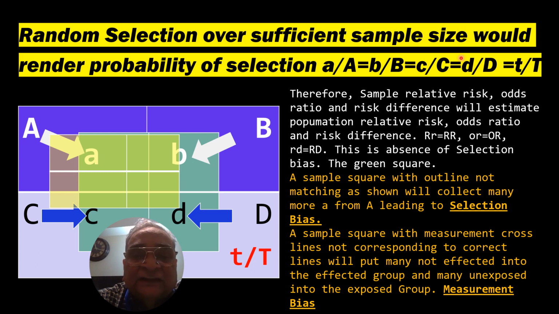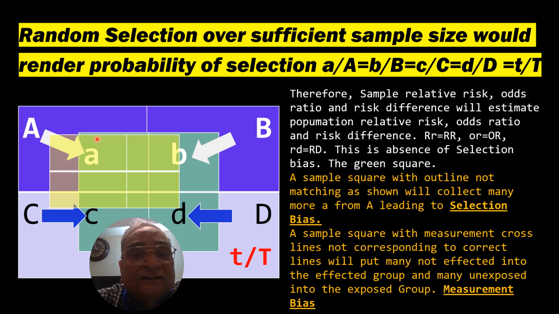So the first thing that you have to understand is that if you have selected your population wrong, for example, you made this square, this one, which is not in the center, then there will be a much greater probability of selection of A. And therefore, the relative risk, odds ratio, and risk difference that you get will show much more association than is actually true in the target population.